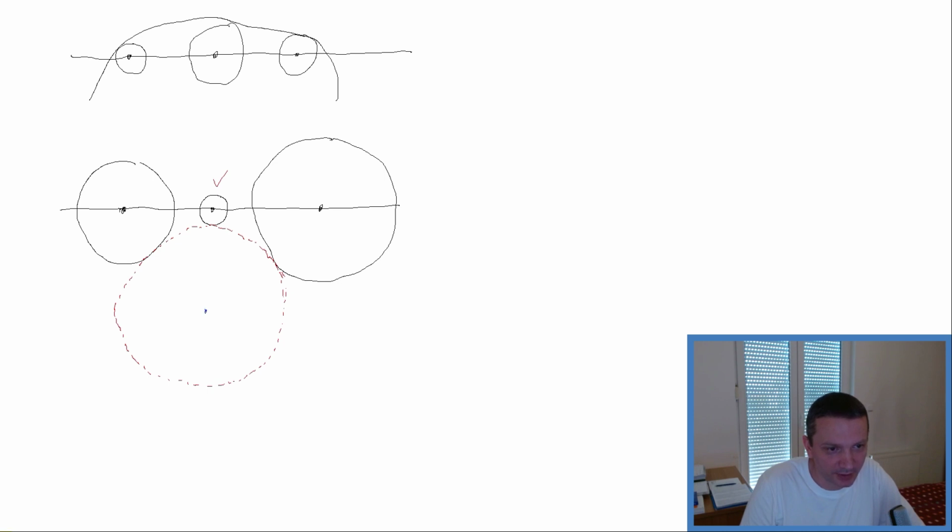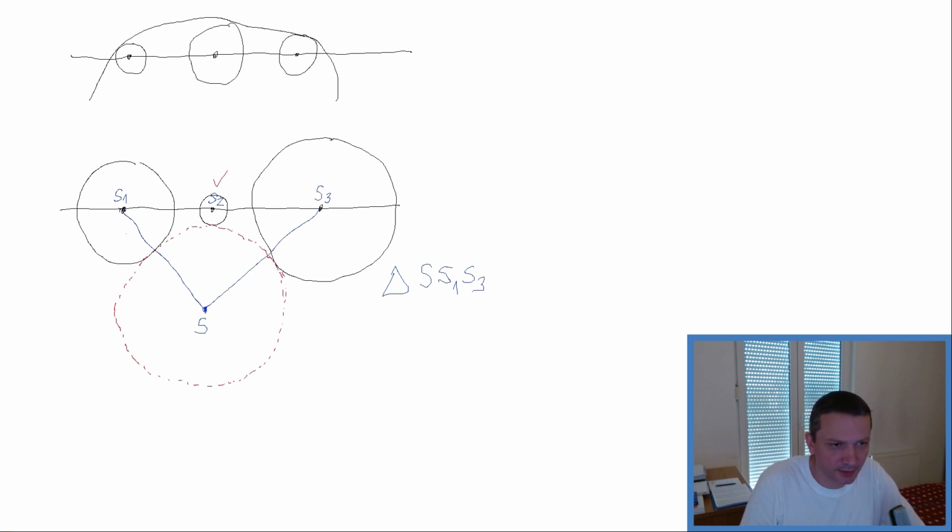So let this be the center of this fourth circle, and we shall now simply look at this triangle. We can call S1, S2, and S3 the centers of the three circles, and this could be S. So we will be looking at the triangle S, S1, S3.